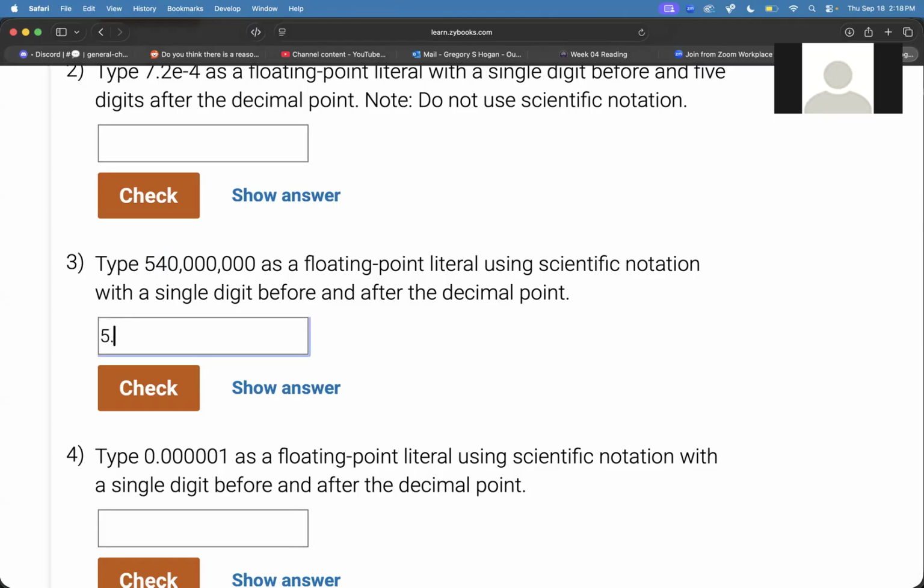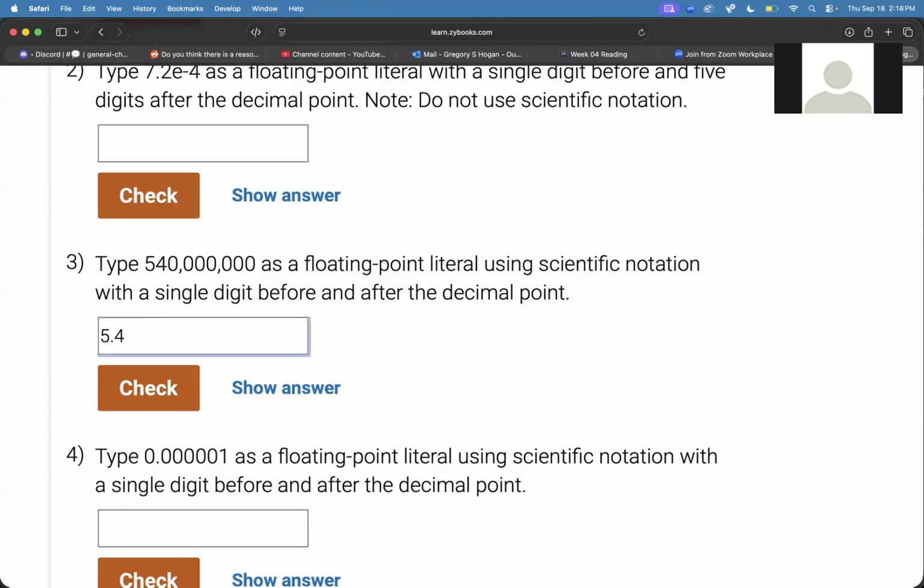And then it would be times 10 to the something, right? To know what the something is, you'd have to figure out how many decimal places you moved the decimal point. You move it 1, 2, 3, 4, 5, 6, 7, 8. So we would have to move the decimal place 8 places for scientific notation here.